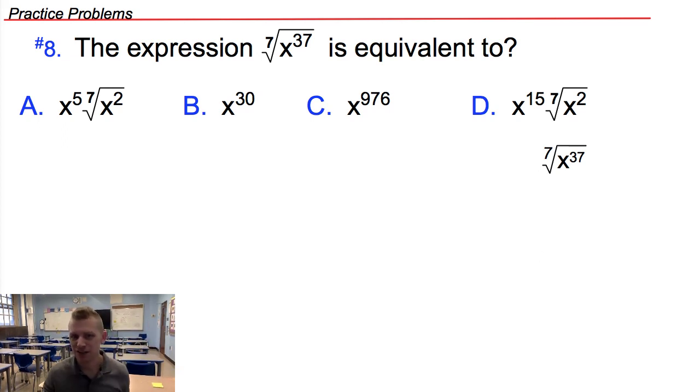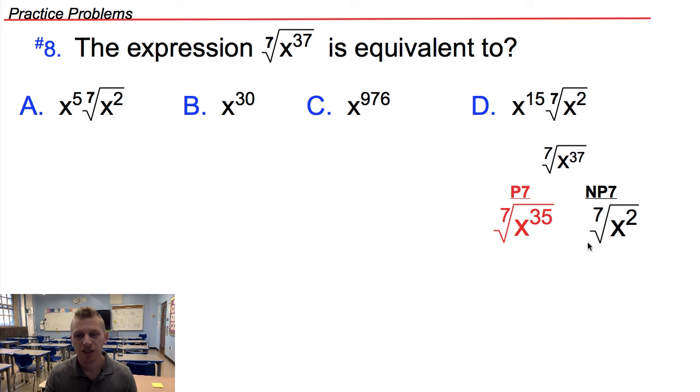It's going to reduce to x to the 5th. So if I write my perfect 7th, I get x to the 35th. x to the 35th times what is x to the 37th? Well, 35, 36, 37. It's x squared. We know the non-perfect 7th won't reduce, but this one will. 35 divided by 7 is just x to the 5th for a final answer.